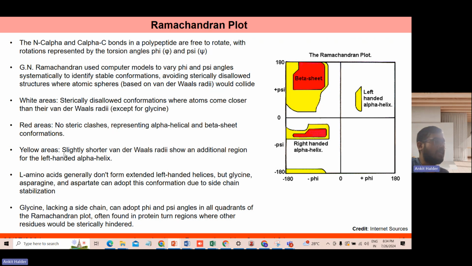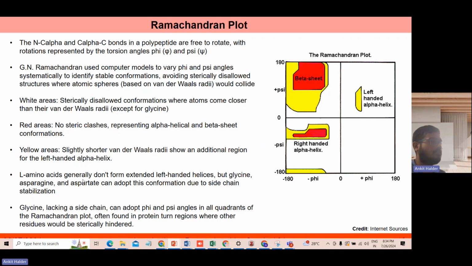Yellow areas are slightly shorter van der Waals radii and show an additional region for the left-handed alpha helix. This is the left-handed alpha helix, and this is the right-handed alpha helix allowed region.